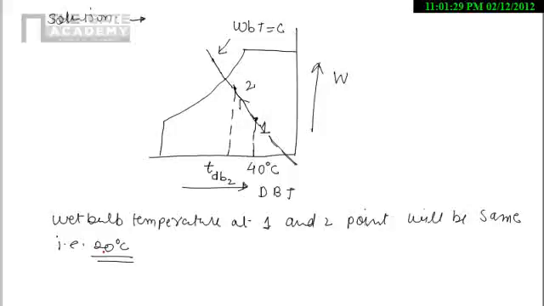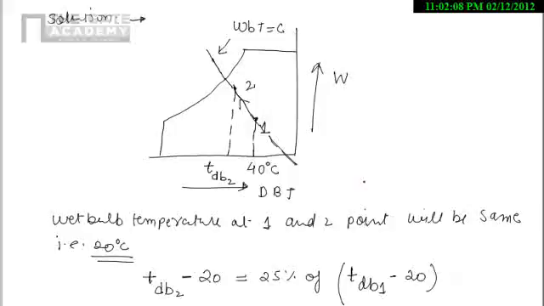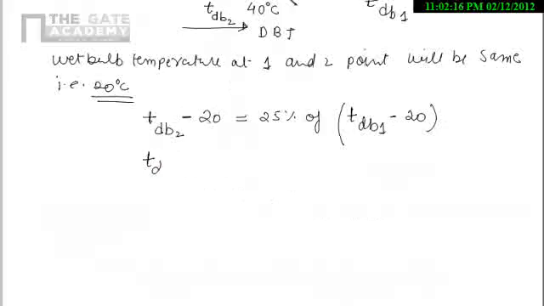Now according to the problem, the wet bulb depression, the difference between the dry bulb and wet bulb temperature at exit, that is T dB2 minus 20, equals 25% of that at inlet. At the inlet, the dry bulb temperature is 40 degrees centigrade, so 25% means 0.25 times (40 minus 20).